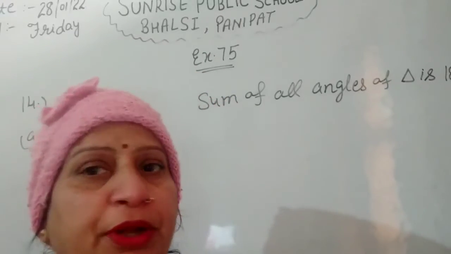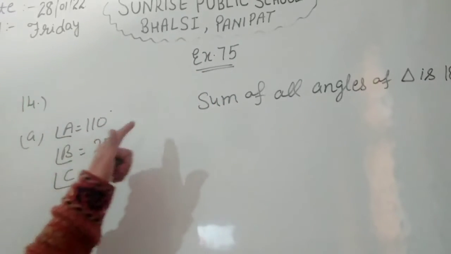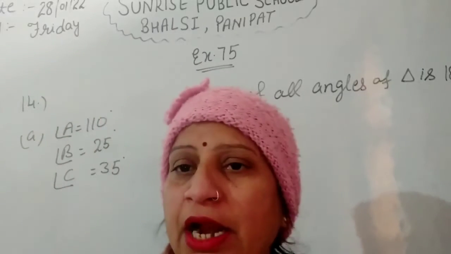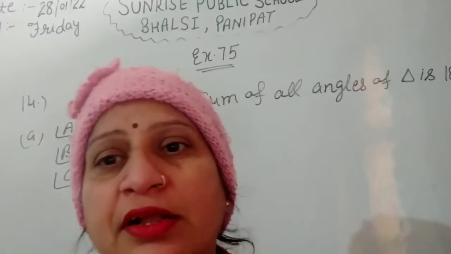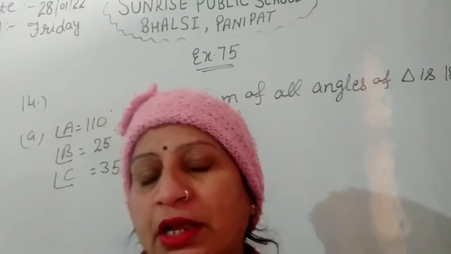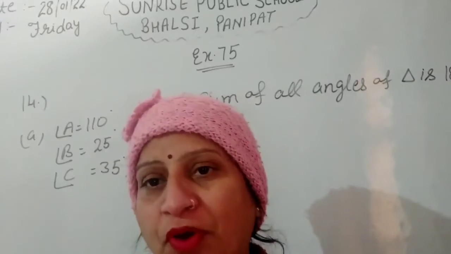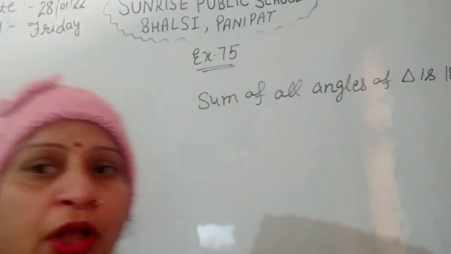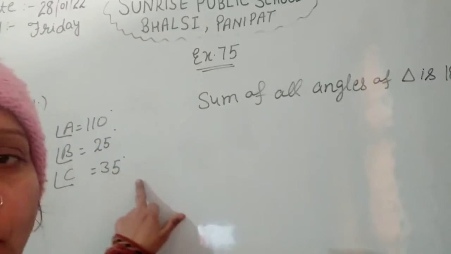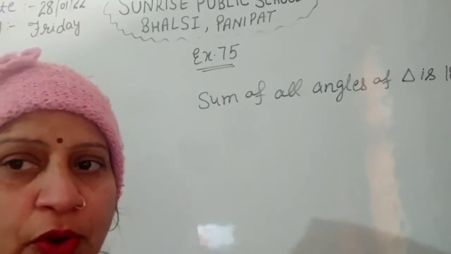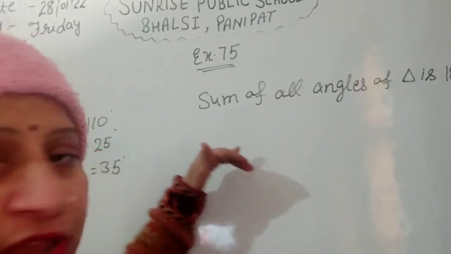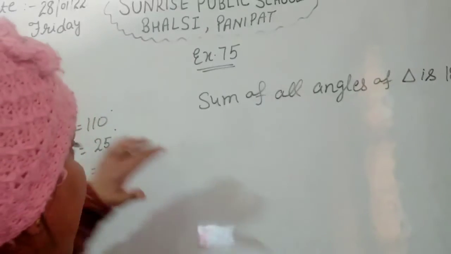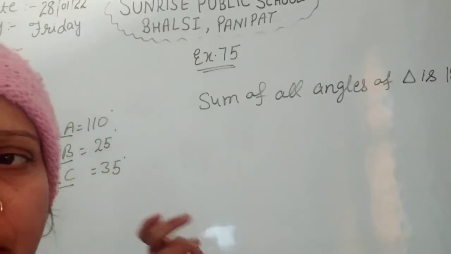Now in question number 14, three angles are given, and with the help of these three angles we have to find whether the triangle is possible or not. To prove this, first of all we have to add all these three angles.